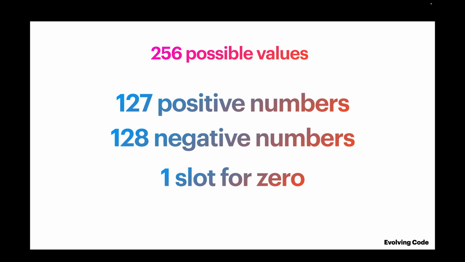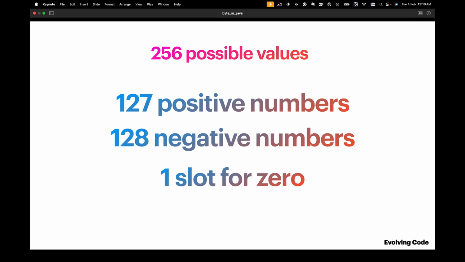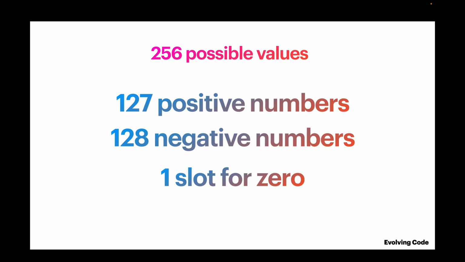But then 0 will have the most significant bit as 0. So that leaves us one value where the most significant bit is 1 and all other bits are 0, and that gets used for negative 128, thus making 256 possible values.